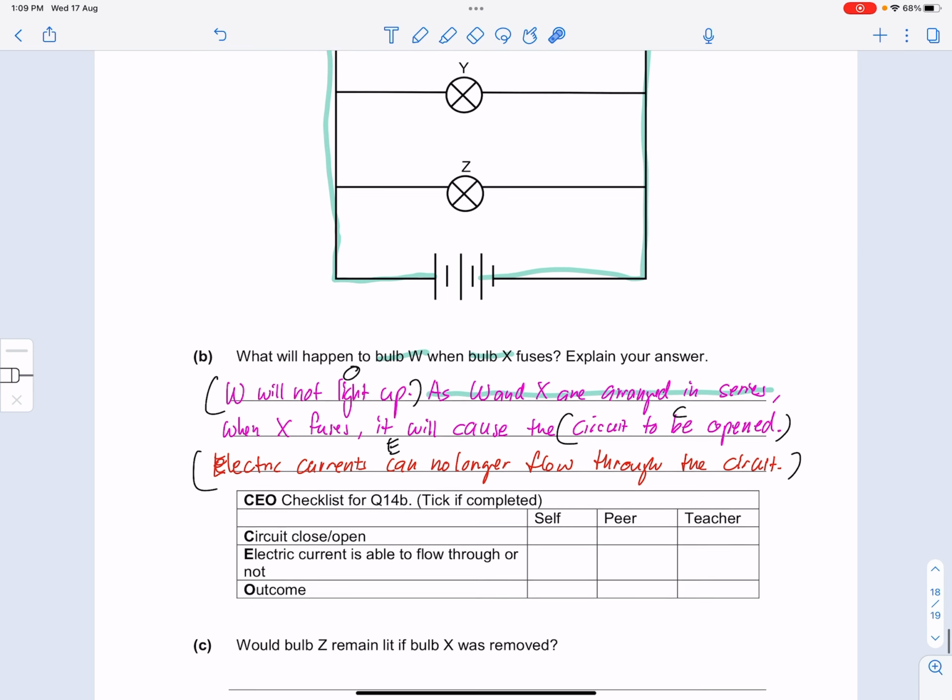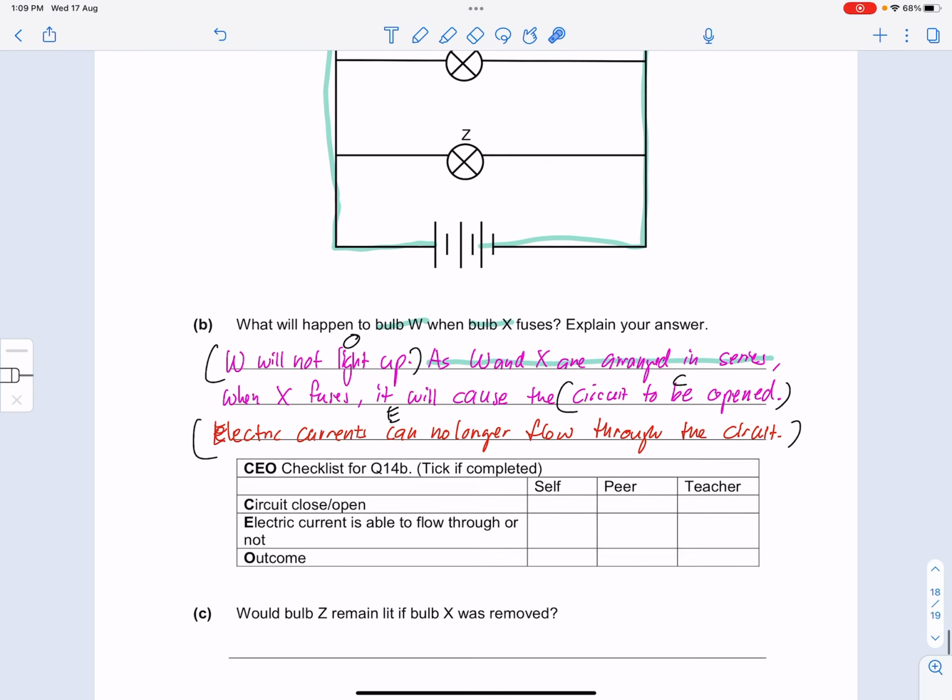So then the next question asks you, would Z remain lit if X was removed? Your answer would be just yes. That's it.